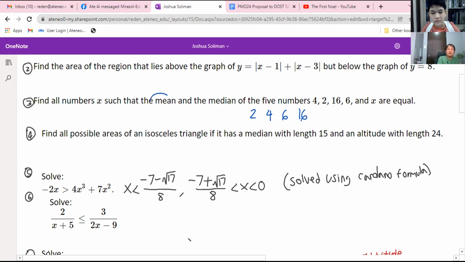When you're trying to find the mean or the average, you don't need them ordered. We don't need to arrange from least to greatest. We know that the sum of the four numbers is 10, 26, 28. So the mean is 28 plus x over 5.